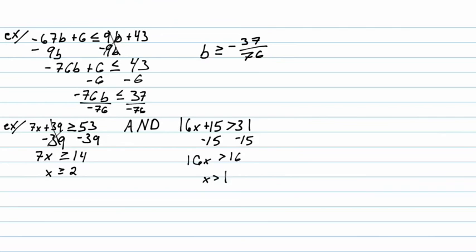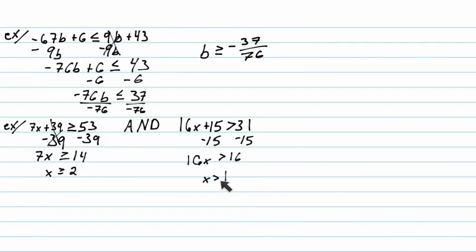1. Since this is an AND, my solution set has to satisfy both of these inequalities, so an x that's greater than or equal to 2 and greater than 1. 1 is not greater than or equal to 2.